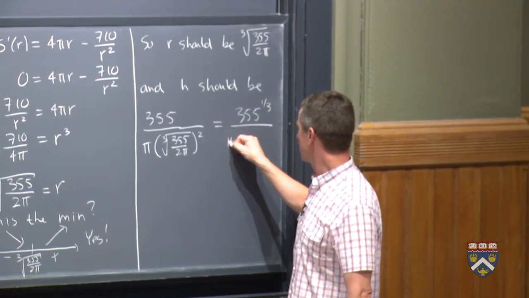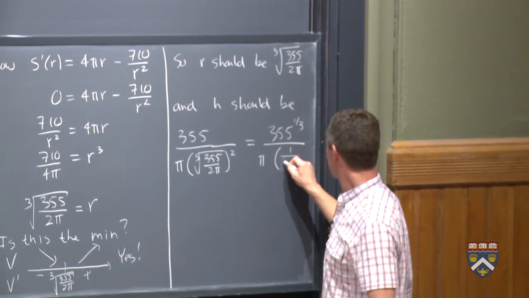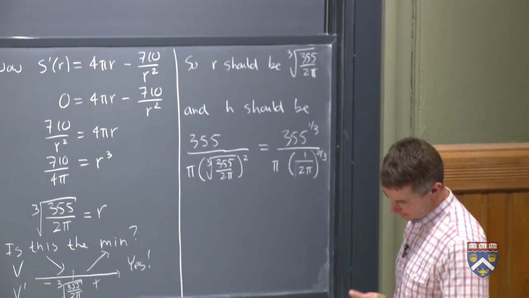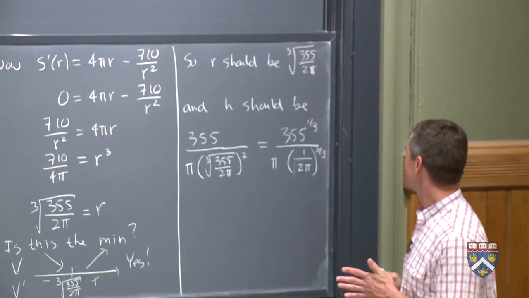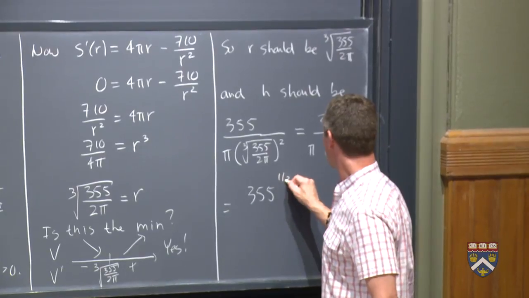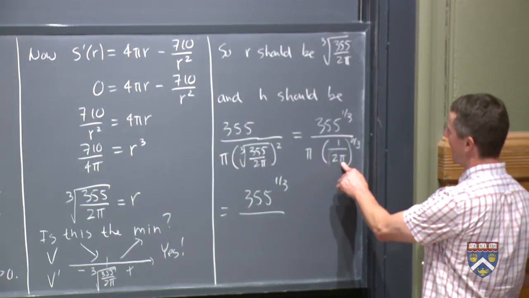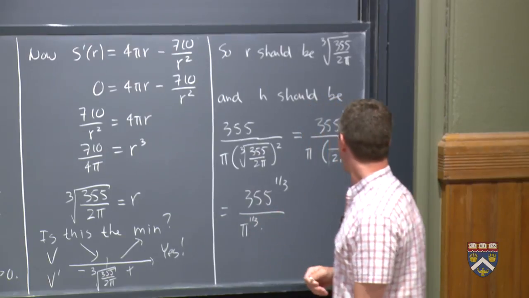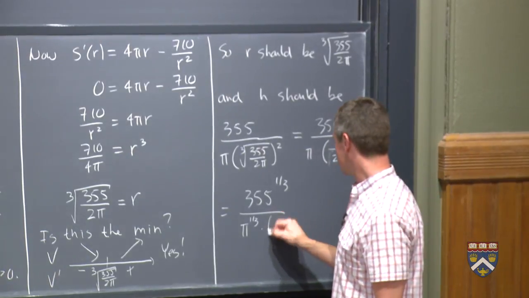We've got a pi here, and then a 1 over 2 pi to the 2/3. So let's simplify that just a little bit more. 355 to the 1/3. And this is a pi to the 2/3, so this is like a pi to the 1/3 on the bottom. And on the bottom, I've also got this 1/2 to the 2/3.